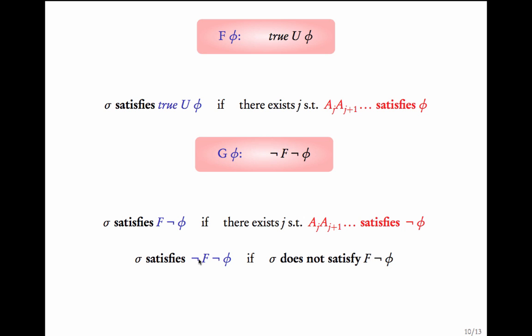So what does that mean? You need to negate this statement which says that there exists a j such that aj plus 1 satisfies not phi. And what is the negation? All j satisfy phi.